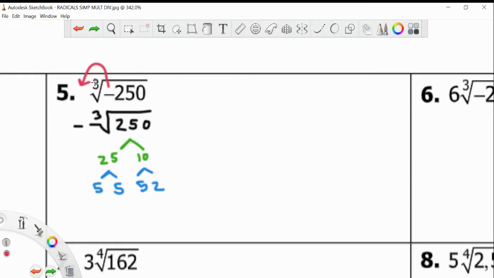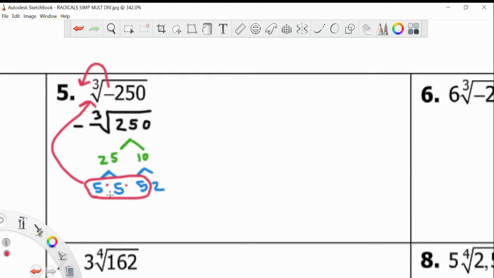So now that we see a cube root and we have our prime factorization, we want to circle triplets. Do we have triplets of any numbers? Of course, we have triplets of the 5. So the 5 is coming out front, right? This is 5 times 5 times 5, and that's 125. But then you cube root that, and it gets down to 5.